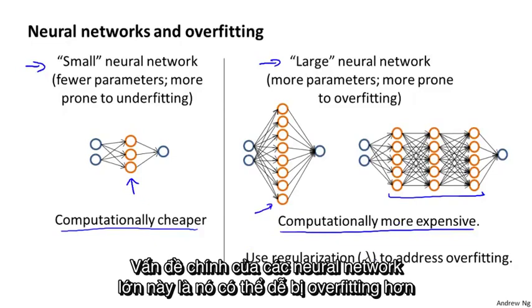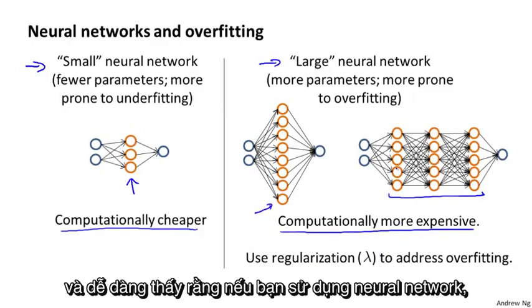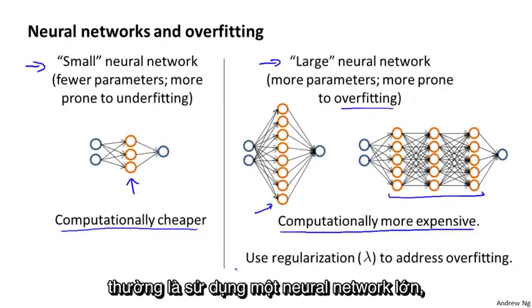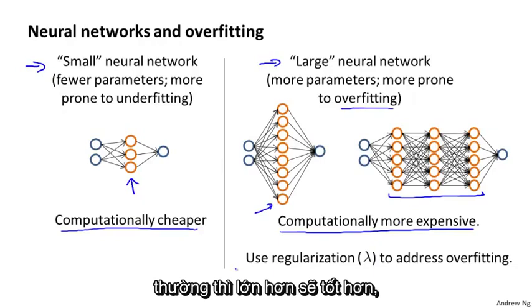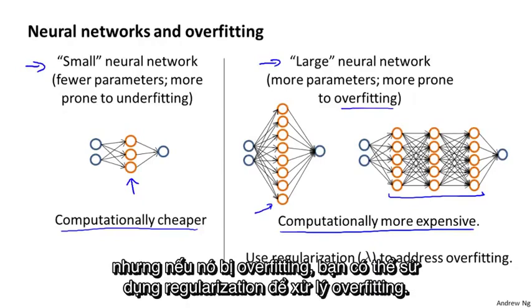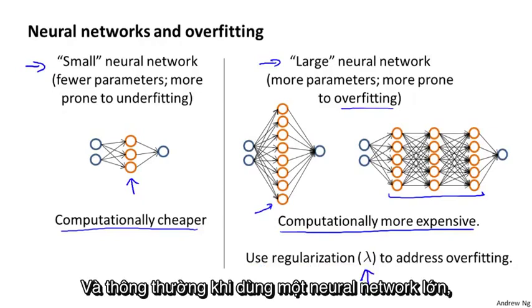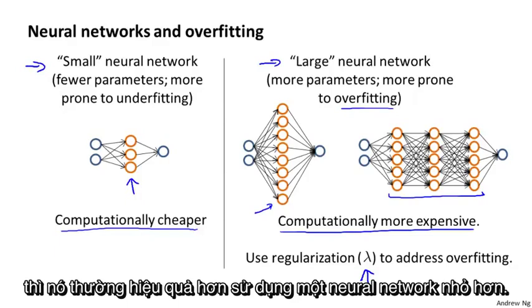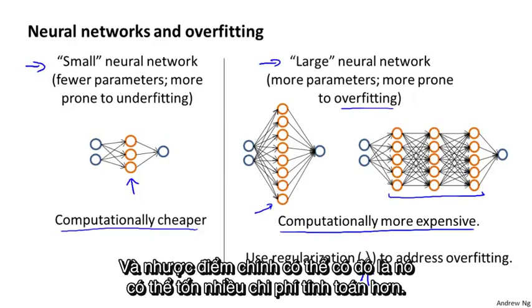The main potential problem of these much larger neural networks is that they could be more prone to overfitting. And it turns out that if you're applying a neural network, very often using a larger neural network, often it's actually the larger the better, but if it's overfitting, you can then use regularization to address overfitting. And usually using a larger neural network but using regularization to address overfitting is often more effective than using a smaller neural network. The main possible disadvantage is that it can be more computationally expensive.